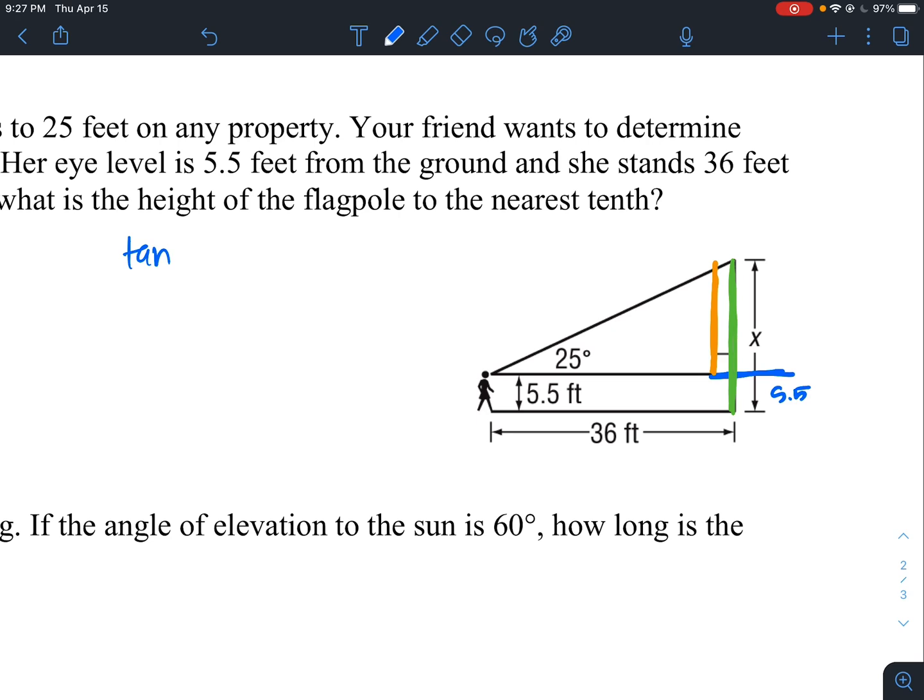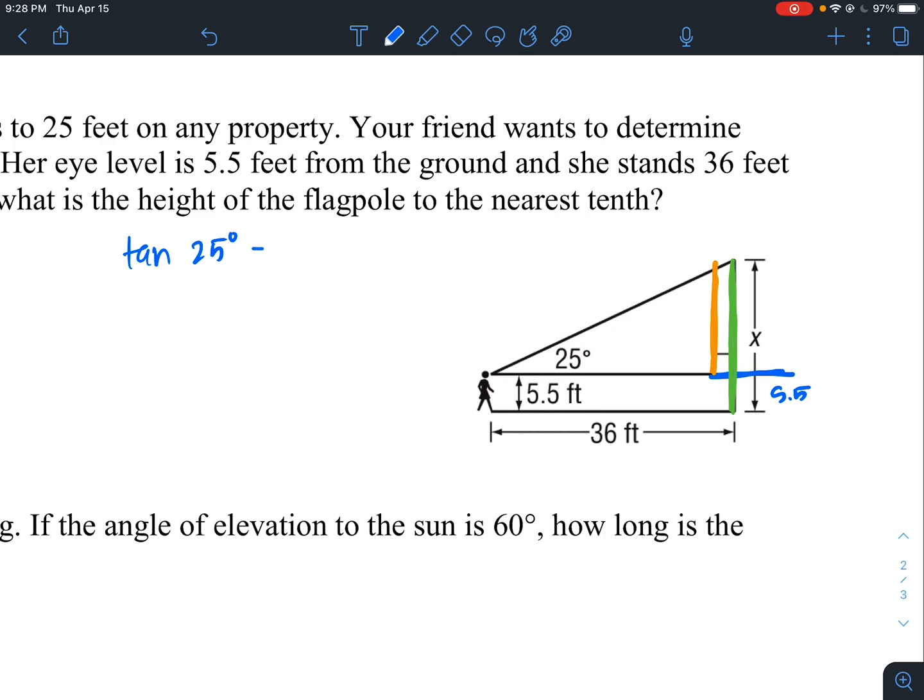If I do tangent of 25 degrees, I need the orange line. I can't use the green line because this isn't part of our tangent ratio. I want the orange line, not the green line. The green line is what we're trying to find, that's the height. But in my tangent ratio, I can't use it.